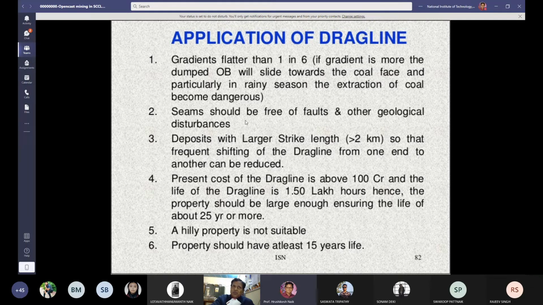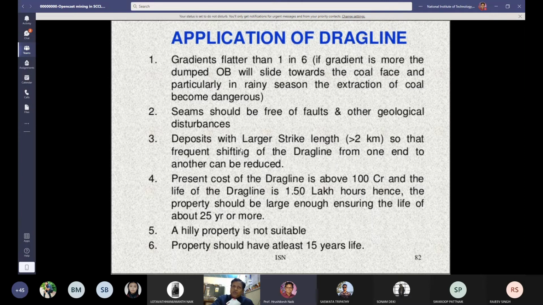The coal seam should be free from geological faults and other geological disturbances. Faults and dikes should not be present in the coal seam. Only then can the dragline method of mining be adopted.